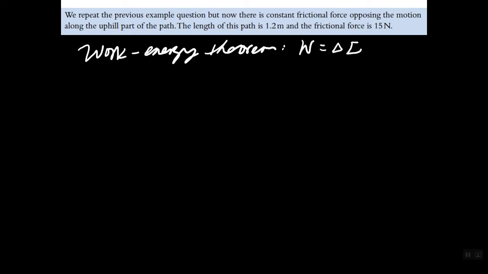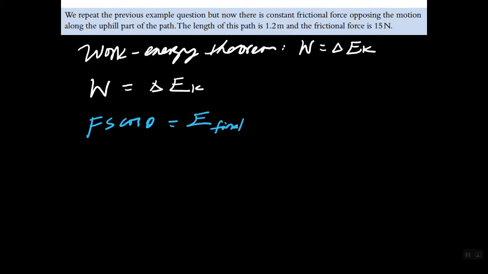Normally, when frictional force acting on it and object is finally come to rest, we normally use work energy theorem. That is, work done equals to change in kinetic energy. Work done is force times the distance times cosine theta equals to final kinetic energy minus initial kinetic energy.